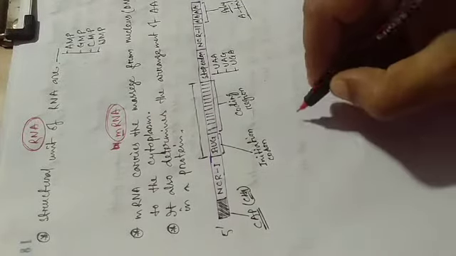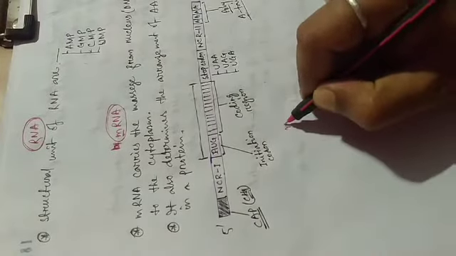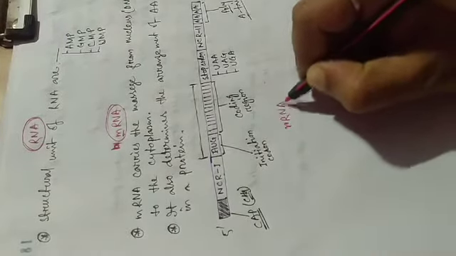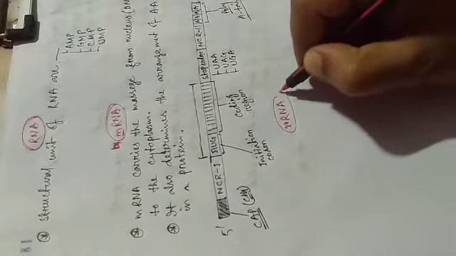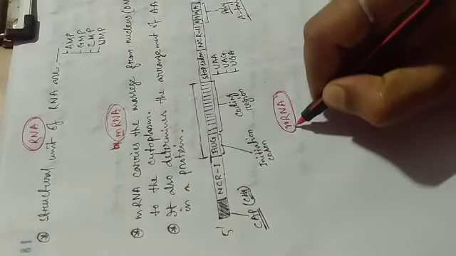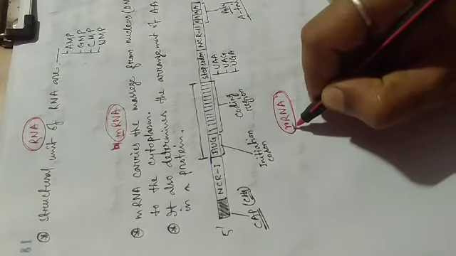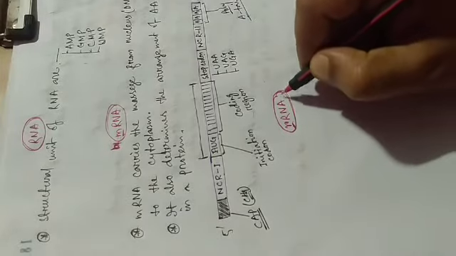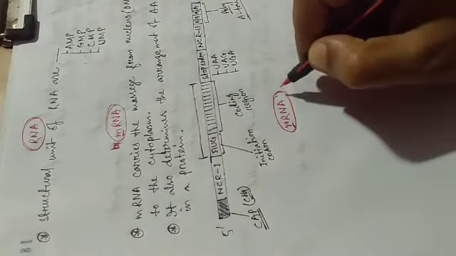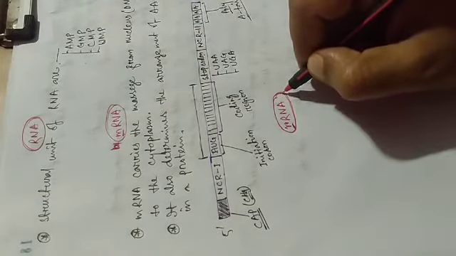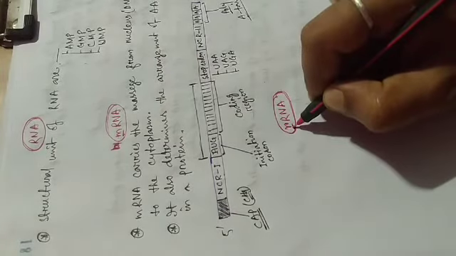Then I will discuss rRNA. What is rRNA? R stands for ribosome. So the full form is ribosomal RNA. You all know that rRNA is synthesized by the nucleolus.